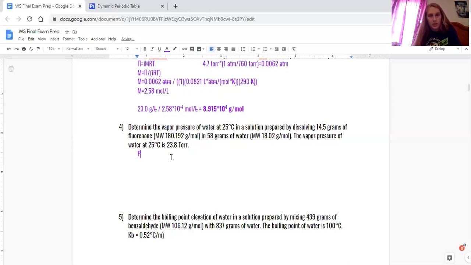So we're going to have P of the solution, or we can go ahead and shorthand that actually, the solution is going to be equal to the mole fraction of the solvent times the pressure of the solvent.